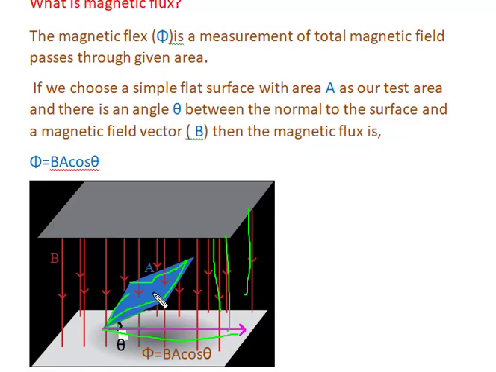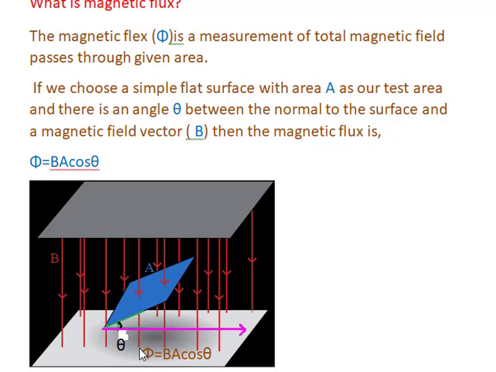We are choosing a simple flat surface with area A. It is inclined at an angle theta between the normal and the field. So a magnetic field vector B is passing through this. The magnetic flux is the measurement of the magnetic field passing through this area.